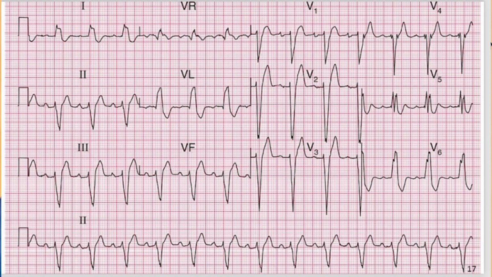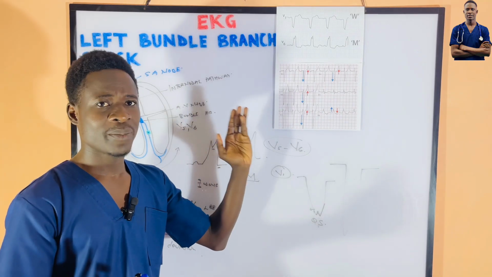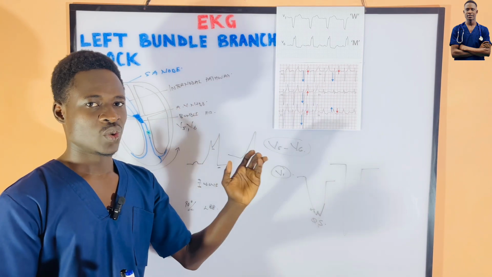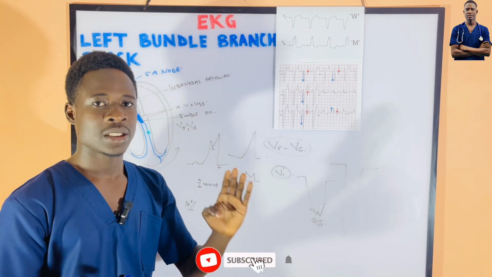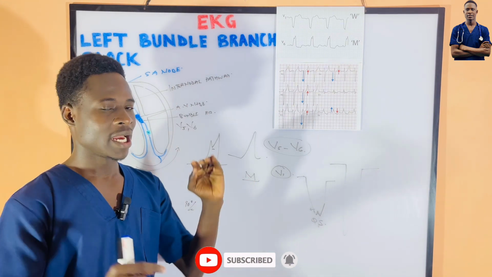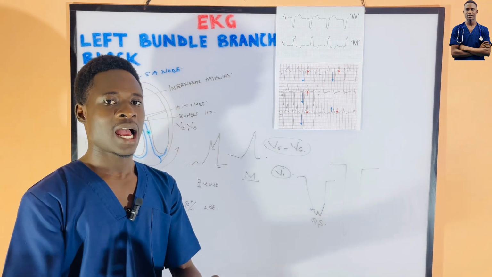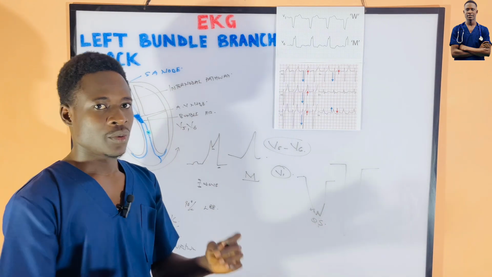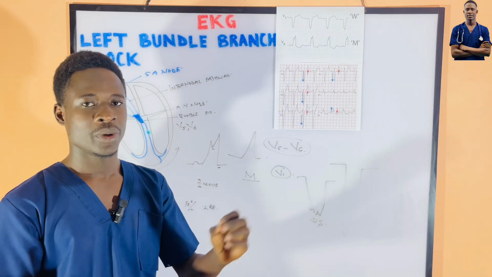Now, lastly, you see, we cannot identify what? P wave over here. We cannot identify P wave over here. So these are what? The four criteria that we shouldn't forget when you're talking of what? The left bundle branch block. And I'm wrapping it up. First, we have an absence of a Q wave.